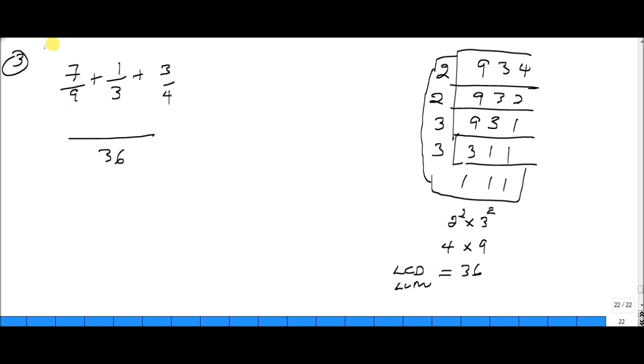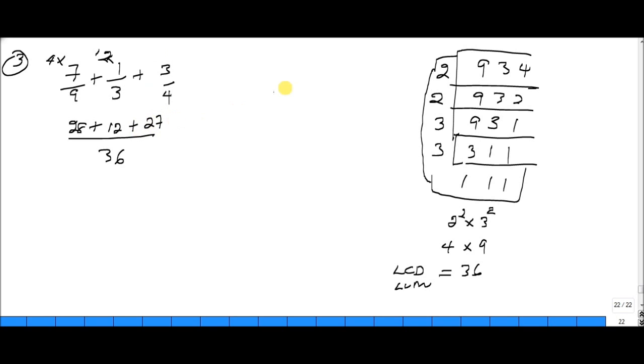9 into 36 4 times, so 4 times 7 would be 28, plus 3 into 36 would go 12 times. 12 times 1 would be 12, plus 4 into 36 would be 9, 9 3s 27.